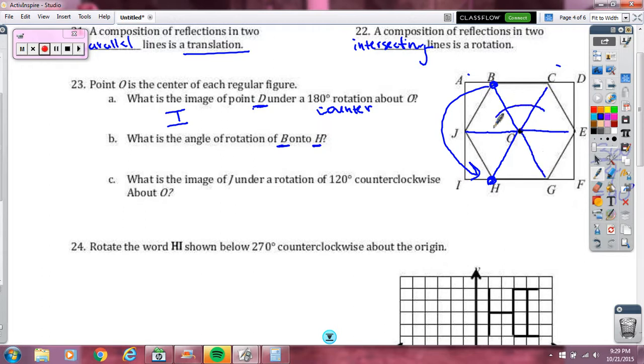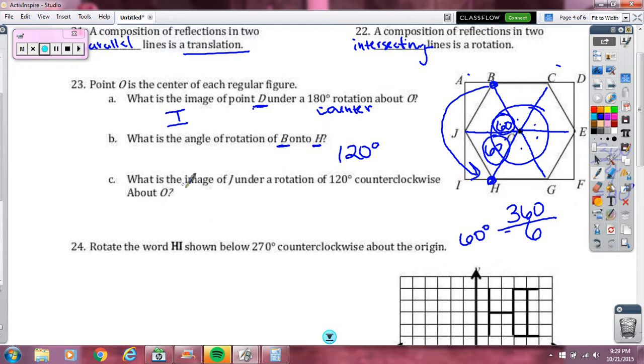A hexagon is dividing my 360 into 1, 2, 3, 4, 5, 6 pieces, so each one is worth 60 degrees. So if I want to go from B to H, I'm going those 60 degrees and also those 60 degrees, so a grand total of 120 degrees.